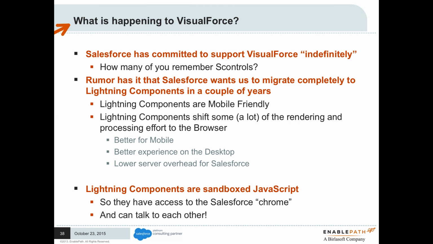So all of those capabilities are now part of the Lightning experience, while at the same time, Salesforce has greatly expanded the development capabilities. It's always been possible to do pretty much whatever you wanted using a Visualforce page in JavaScript, but with Lightning components, what Salesforce has done is given you a reliable, stable, compatible framework that will allow you to write JavaScript-based components using the Lightning design framework so that they have the same look and feel as Salesforce, that have all of the capabilities that used to require using a custom JavaScript framework.